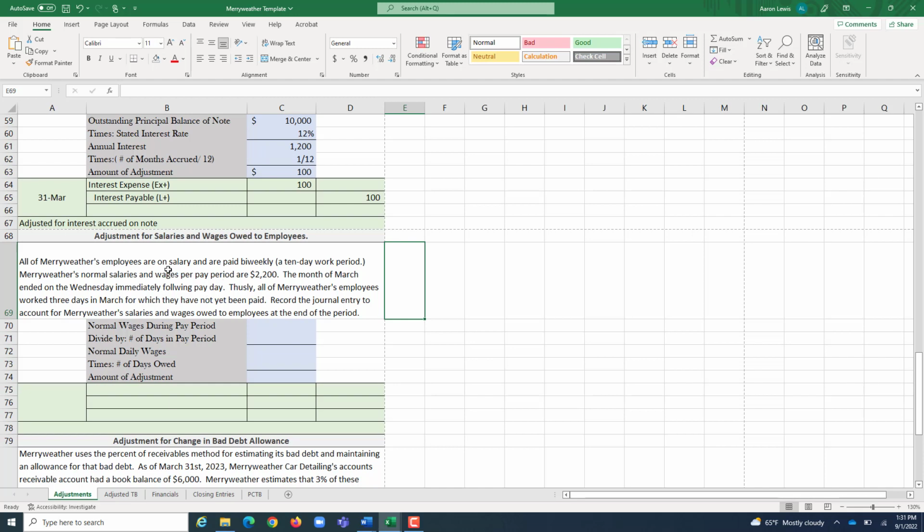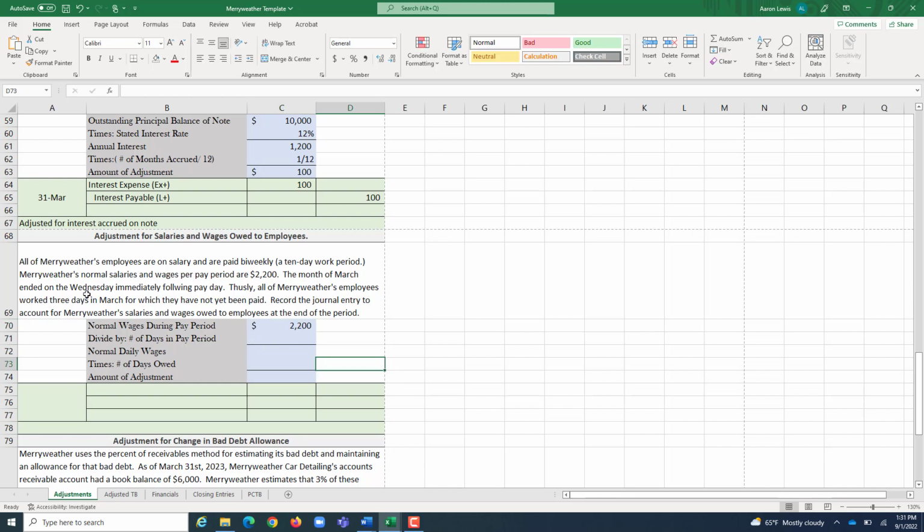All of our employees are on salary, and they get paid bi-weekly, which is a 10-day work period, two 5-day weeks, if you will. The normal salary and wages that we pay to all our employees for each pay period is $2,200.